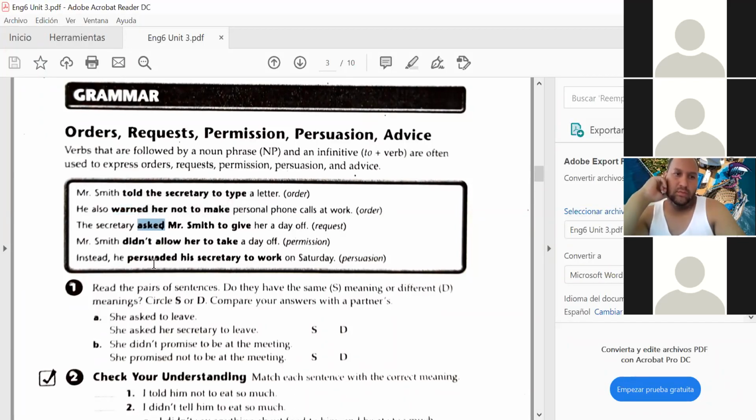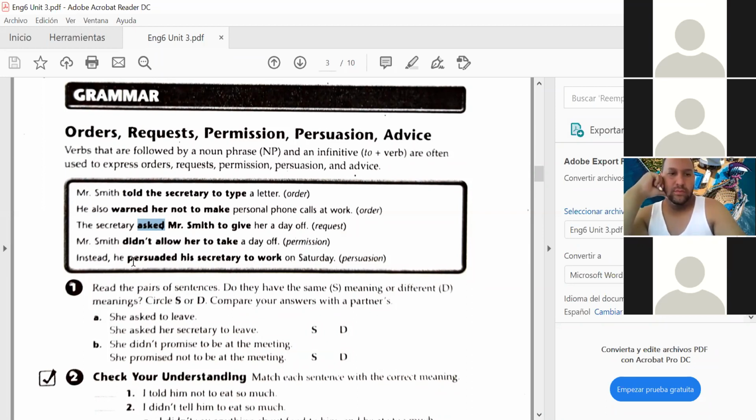But when you ask, you are requesting. So that's logical. If you're asking, you are requesting. That's a request. Maybe the person is not obligated to answer or to give you whatever you are asking for, but that's why we say it's a request.